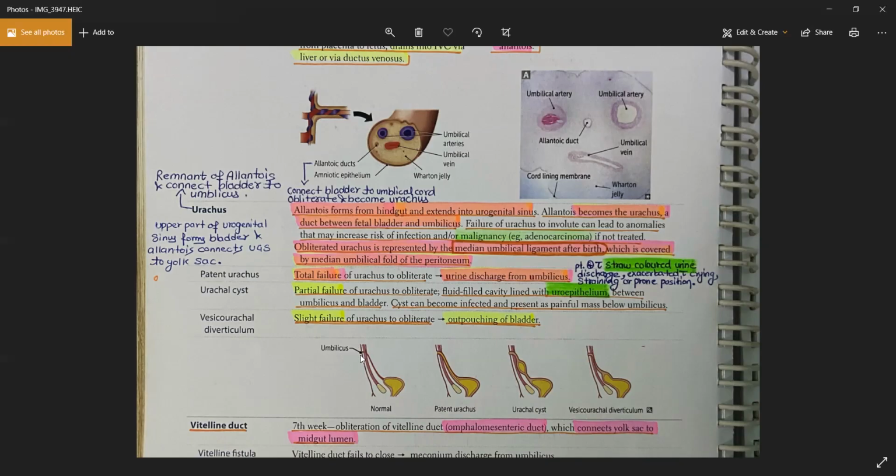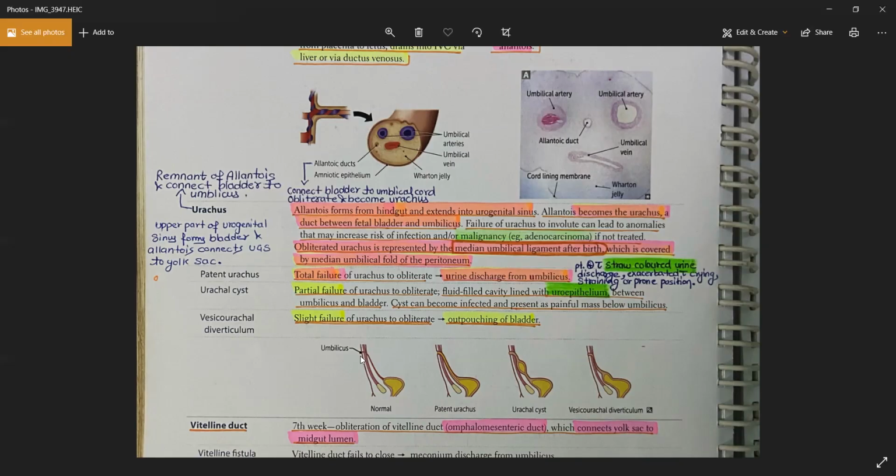Remember the medial umbilical ligament? I told you the difference between the medial umbilical ligament and the median umbilical ligament. What structures form the medial umbilical ligament? Umbilical arteries. Yeah, the umbilical arteries form the medial umbilical ligament, and this urachus forms the median umbilical ligament. Okay.